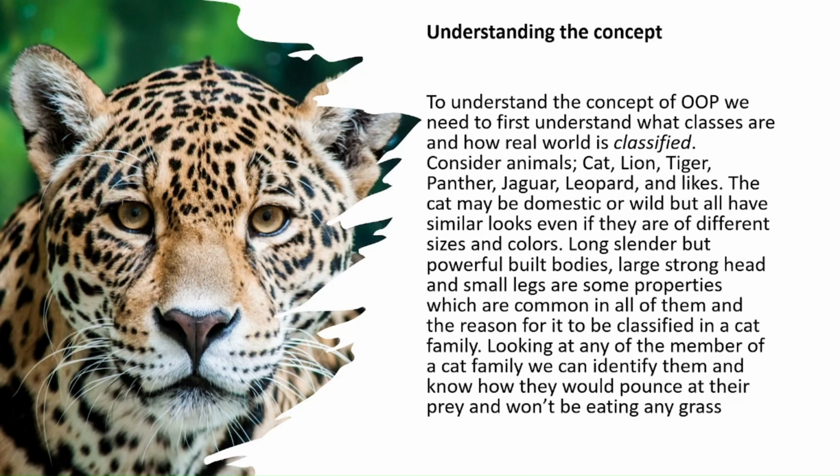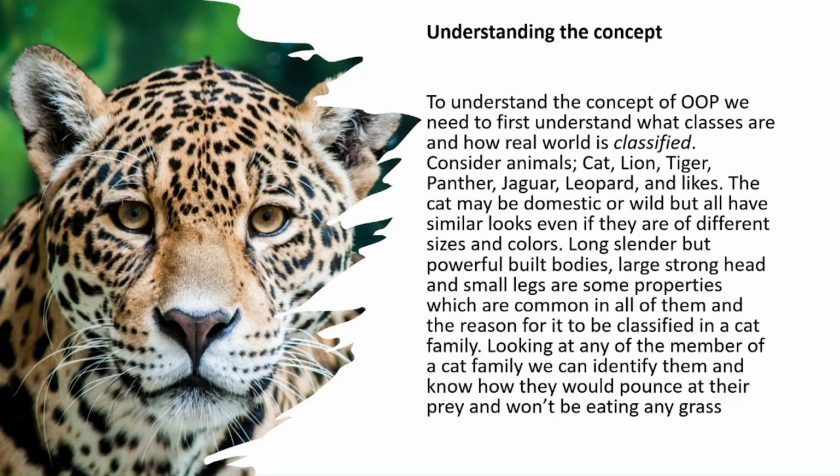And even if they are different sizes and colors, the looks would be the same and the features are the same. The long cylinder but powerful built bodies, they have large strong heads, they have smaller legs so that they can run fast. That is what I said. Unlike dogs, they have smaller legs so that they can run faster and pounce on their prey.